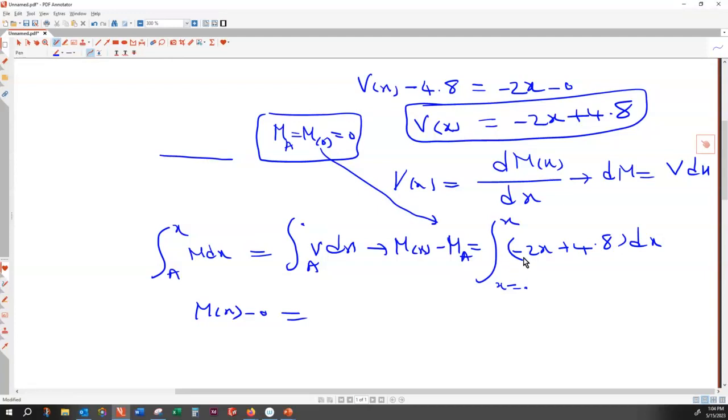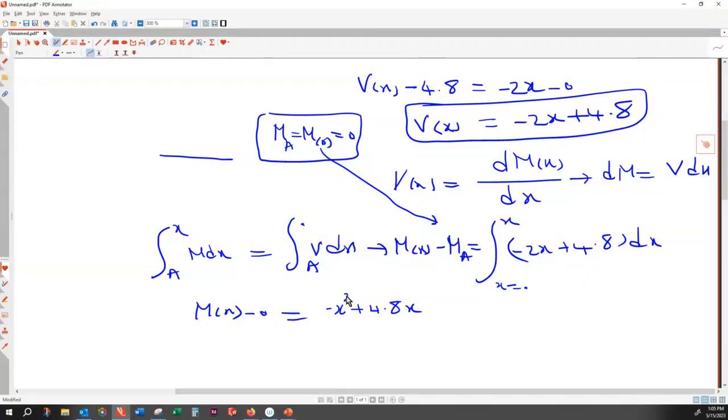And what is that integral? The integral of minus 2x is minus x squared, right? And the integral of 4.8 is plus 4.8x.